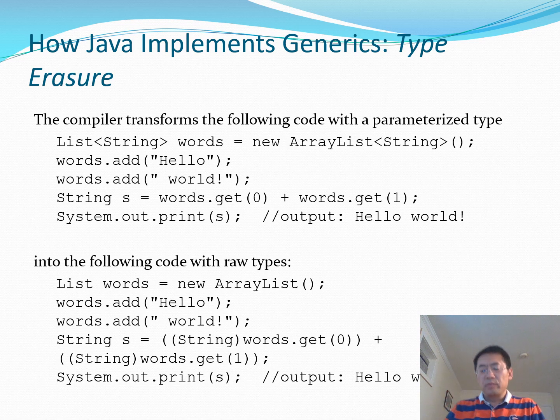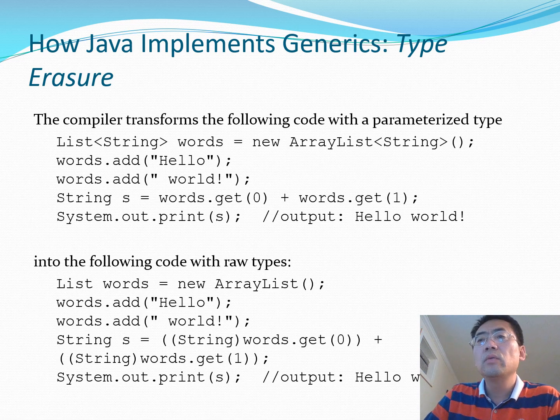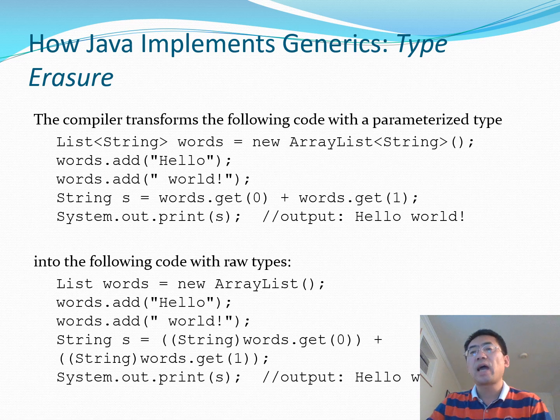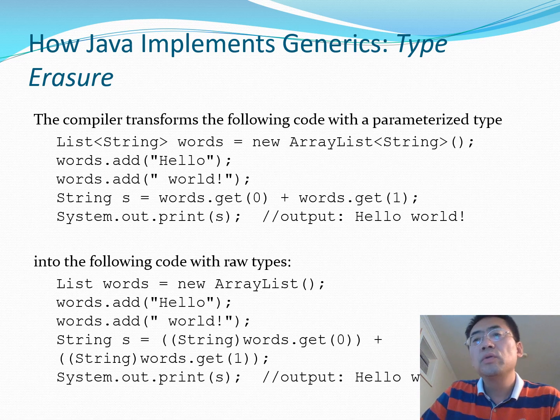Now let's sit back and think about how Java implements type erasure. What that means is, when you have a piece of code with generic types or with parameterized types, and then you compile it, the Java compiler actually erases all the type information from the source code, and then you get exactly the same code as you would for the pre-Java 5 version.